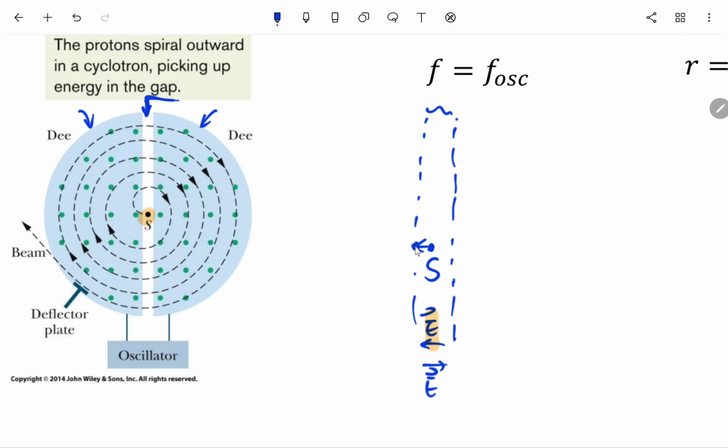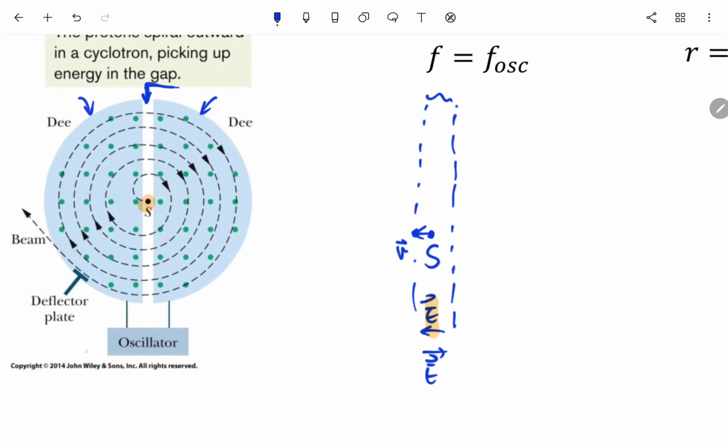It's the first point. There will be an initial velocity, let's say v, entering. In these two disks there will be a B field, a uniform B field inside these two disks, perpendicular to this plane.